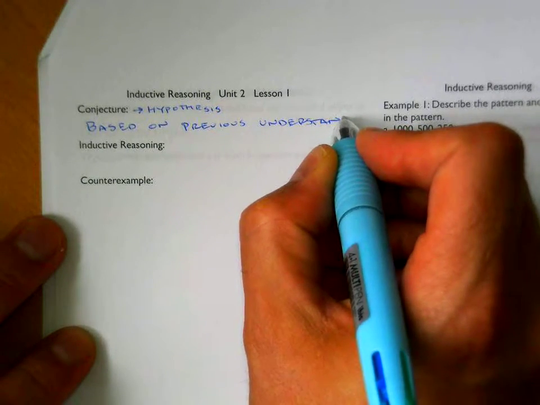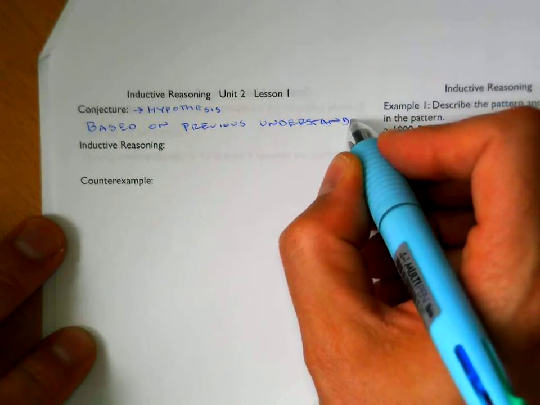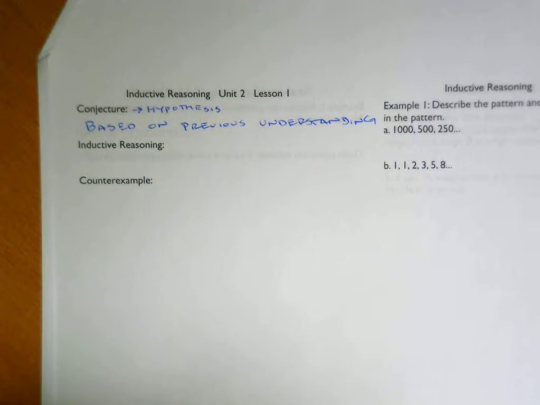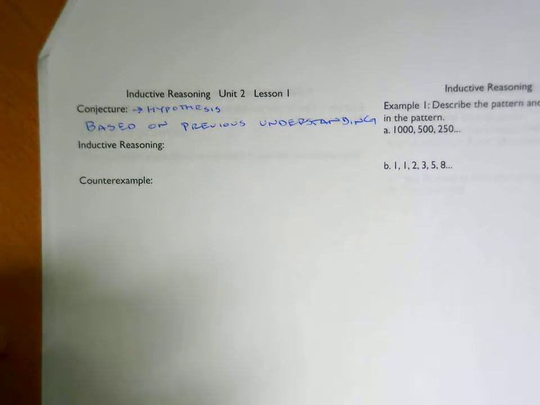So you're going to take either some images or some patterns. Ultimately, you take a look at a pattern and use that to make a conjecture, a hypothesis, a guess based on what you've observed. And this is actually what is called inductive reasoning.